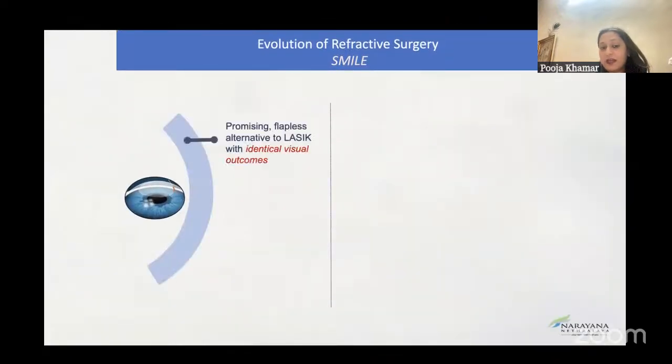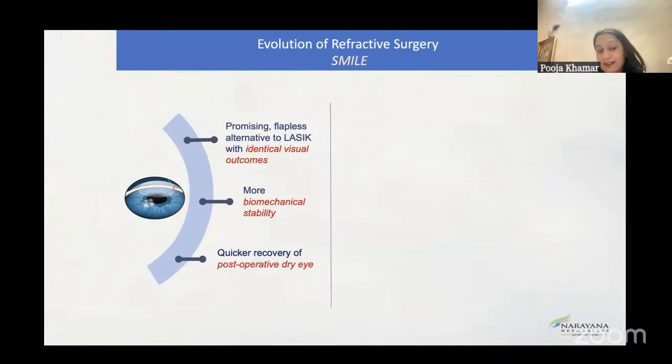And apart from that, we do have SMILE. Of course, you can call it CLEAR now. It's increasing in popularity, like how you transition from ECCE to SICS to phaco. But still SICS comes as a good tool at times. Same thing is with LASIK.